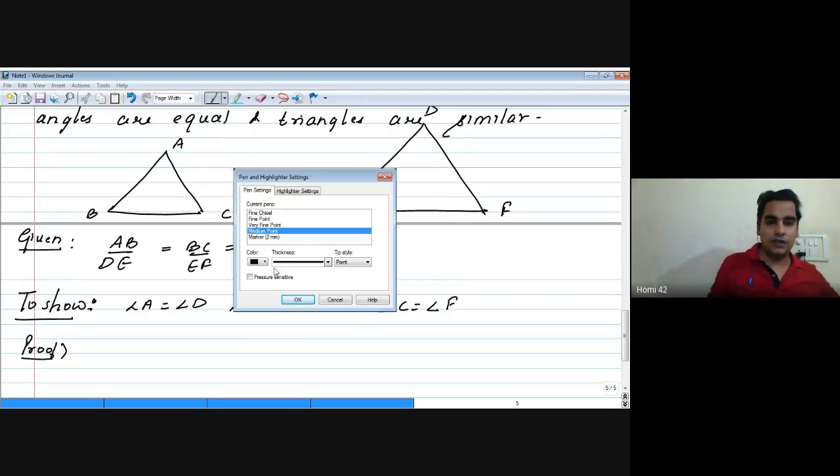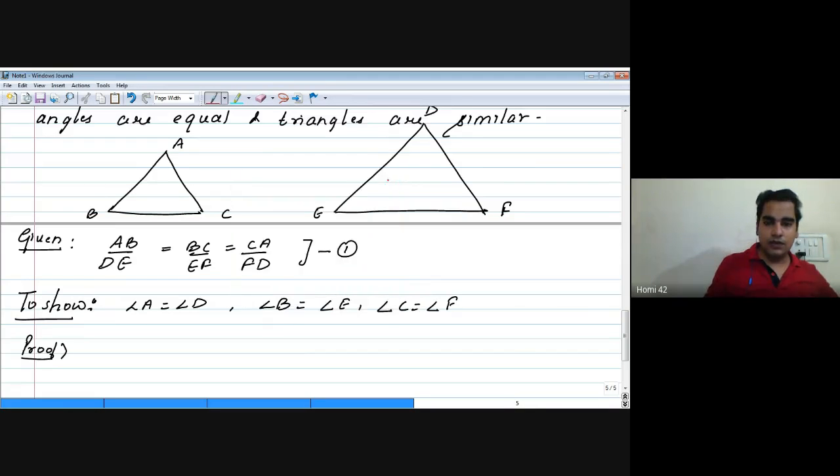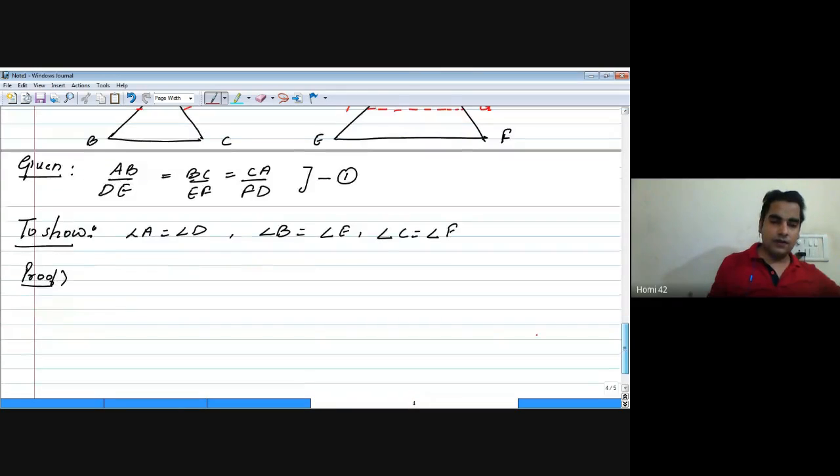Let me show you the construction using a different color. We need to cut off. Yes, we will use that somewhere, hopefully, right? So we have to cut off P and Q such that DP is equal to AB, and DQ is equal to AC. Okay. Let me write that.